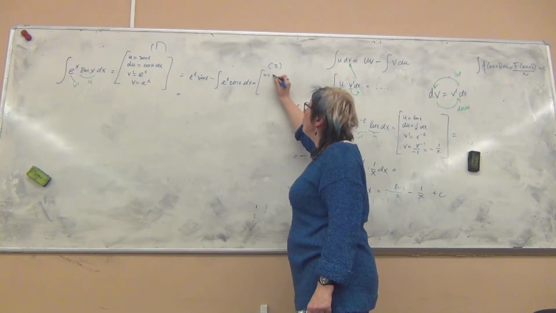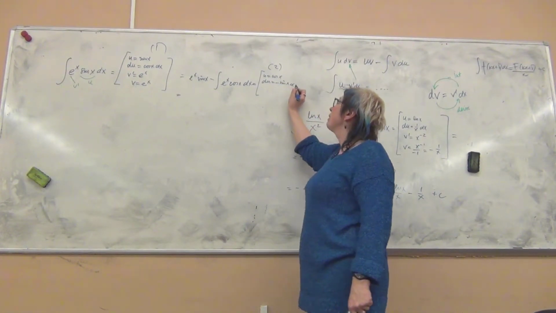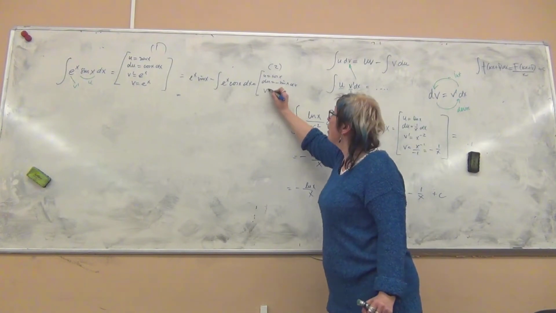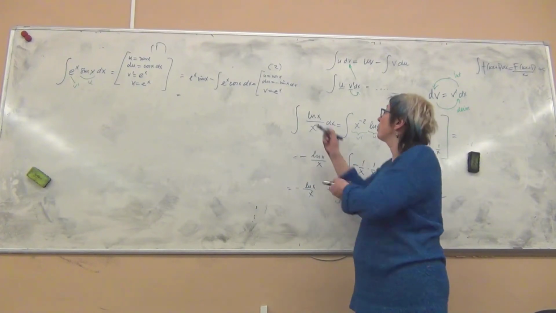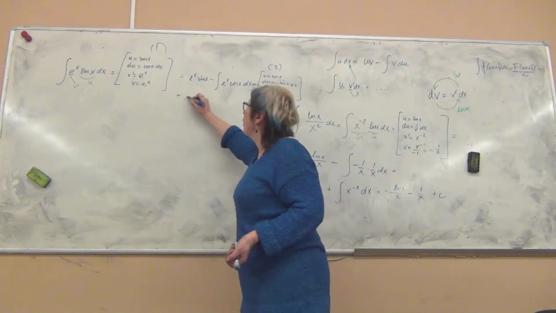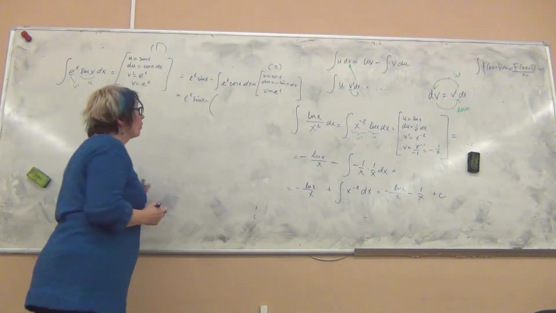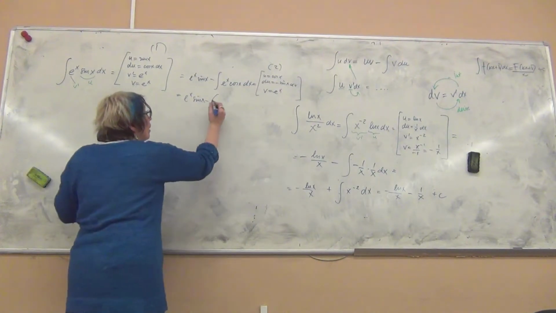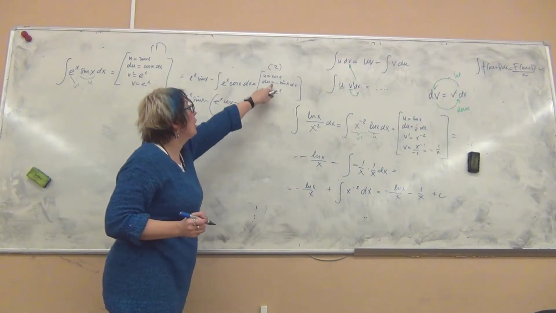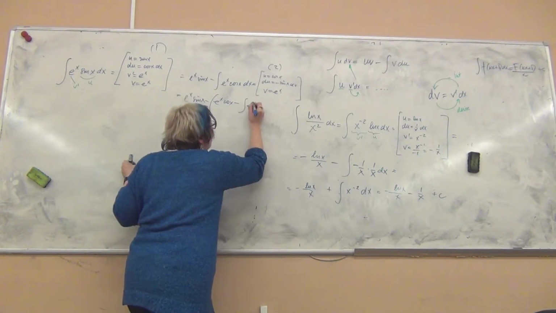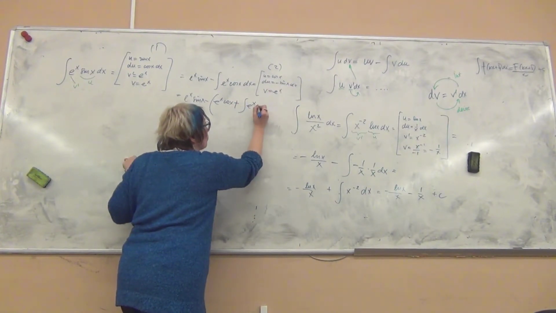Now this time, u is cosine x, and du is minus sine x dx, but v is still e to the power x, because the rule is still the same. So we have e to the power x sine x minus, brackets, uv e to the power x cosine x minus integral v du, which is e to the power x times minus sine, which means I have to change it into plus.